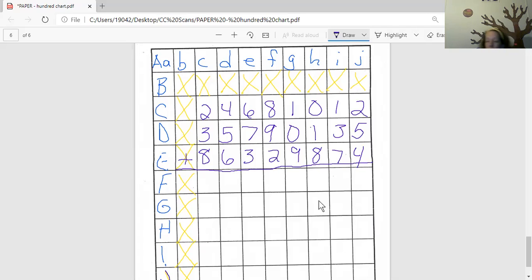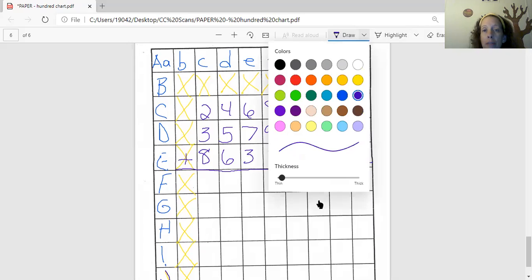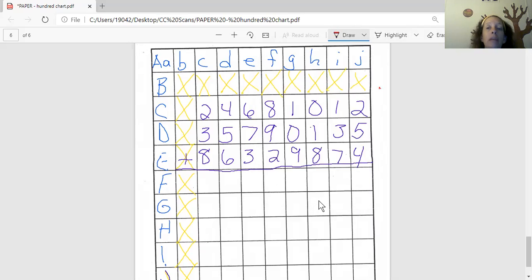And yesterday, when we did this, we had a new strategy. Be good listeners now. Our strategy was, I've got 2, 5, and 4. And there's a property of addition that says I have 2, I have 5, and I have 4.